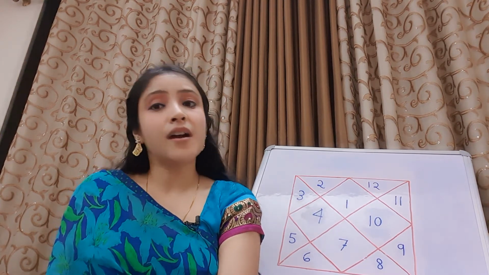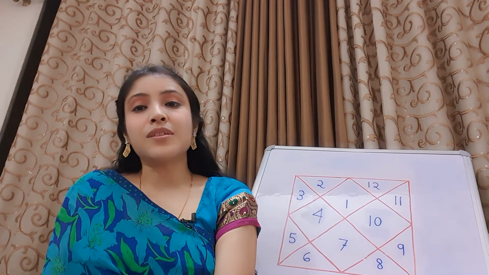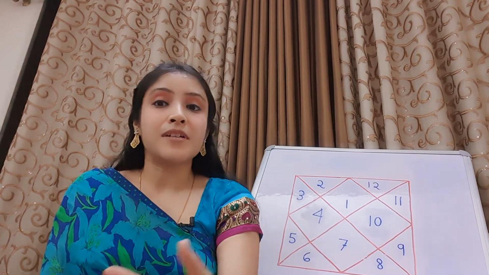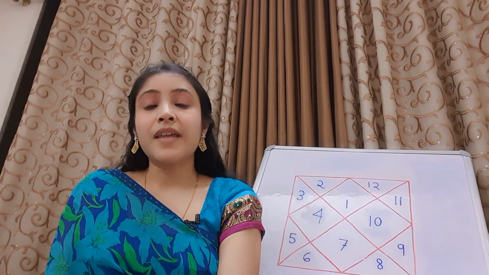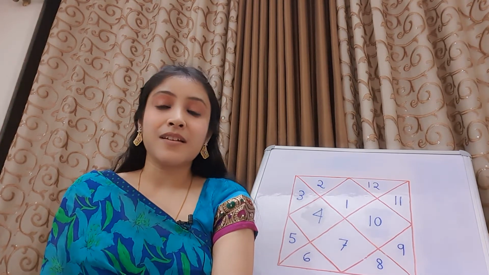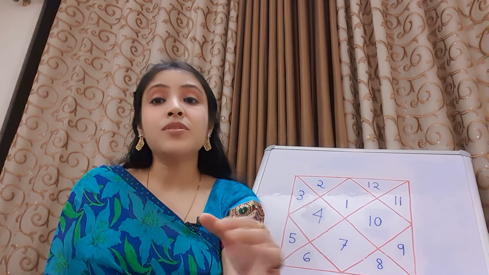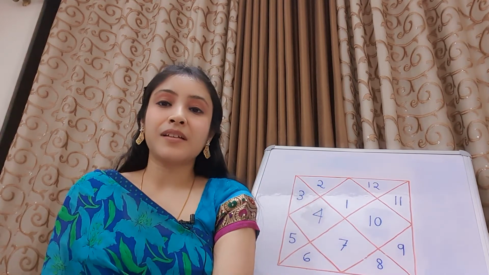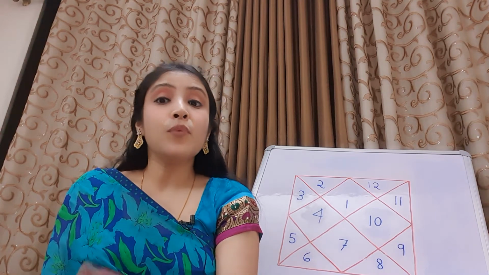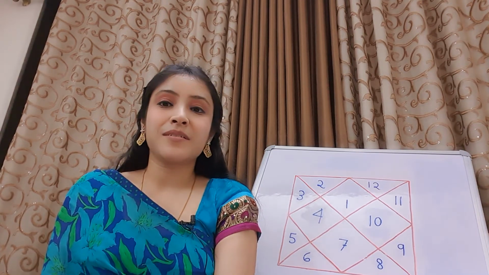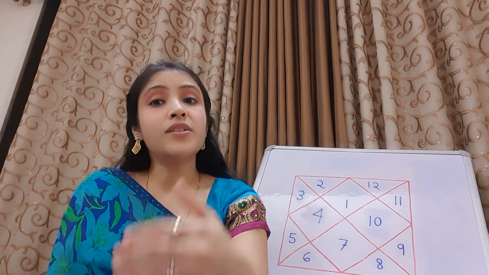Now let us go to the third house. The third house is the house of your efforts, house of skills, communication. It also shows your hand, and it shows your shoulder. The third house is the house of your willpower, your courage, of short travels.